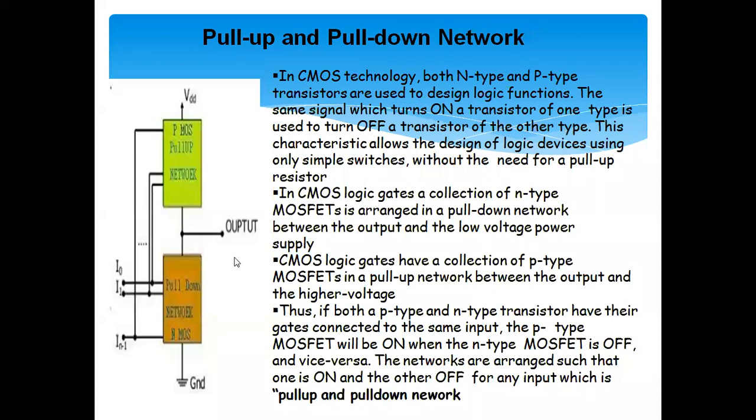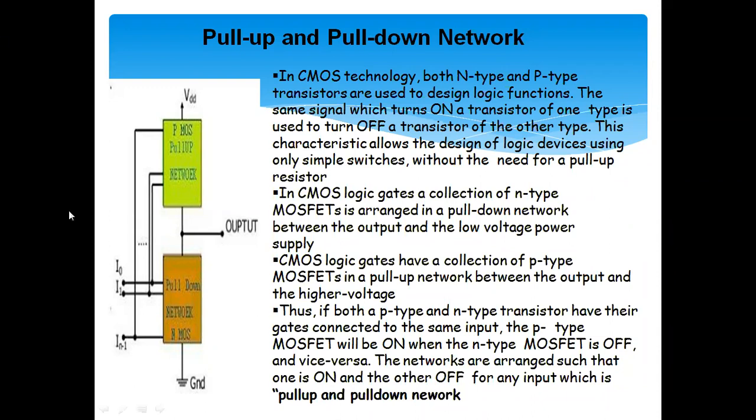This is called a pull up network. So in CMOS, logic gates are a collection of NMOS arranged in a pull down network between the output and the low voltage power supply, and the PMOS is arranged between the high voltage, that means plus VDD, and the output.